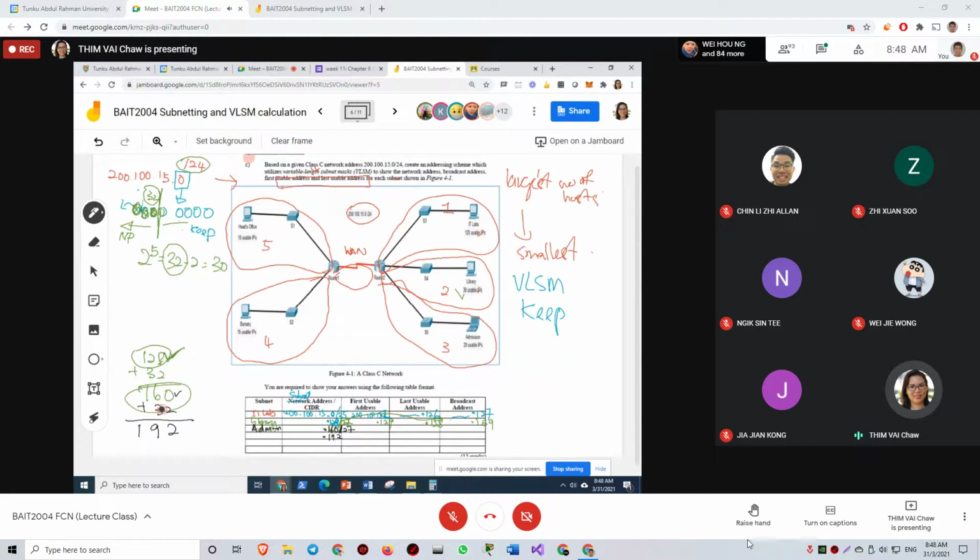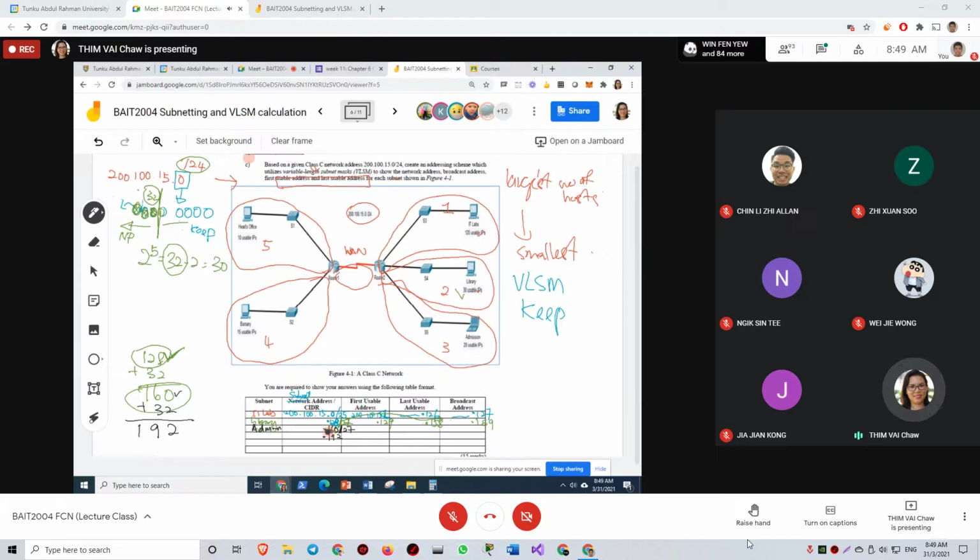So then you plus the magic number 32, actually 192 is a new address for another range already. That's why I write 192 in a new row, just to keep for another subnet.